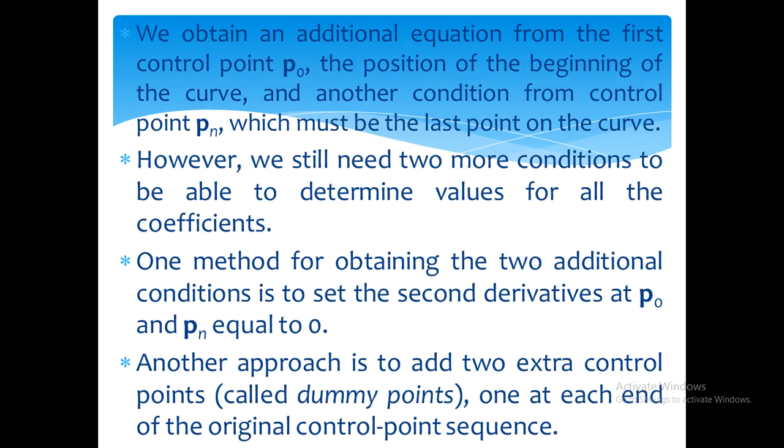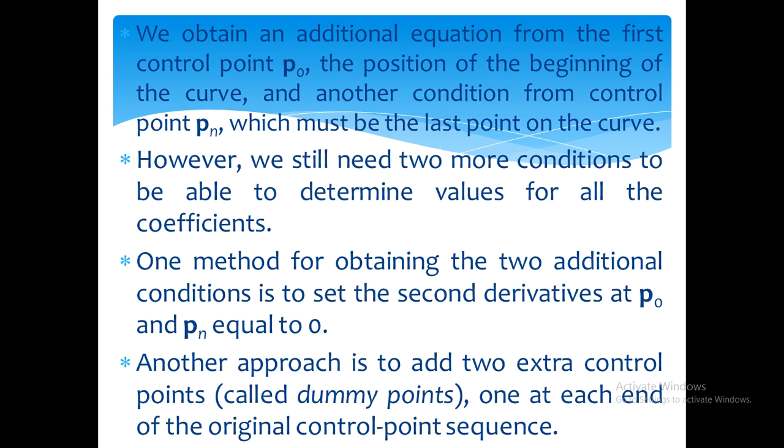We obtain an additional equation from the first control point P0, the position of the beginning of the curve, and another condition from control point Pn, which must be the last point on the curve. That's why we have subtracted 4, meaning we get 4n minus 4 equations, right? Because P0 and Pn are different.